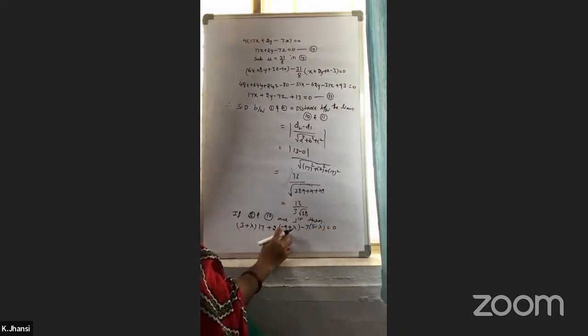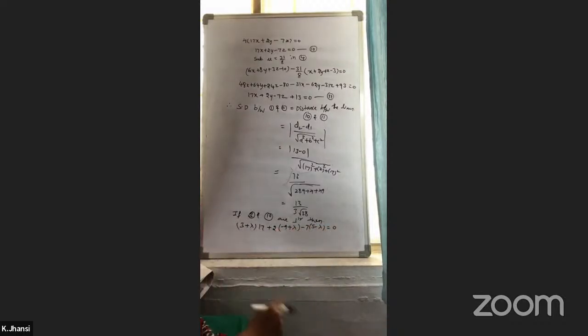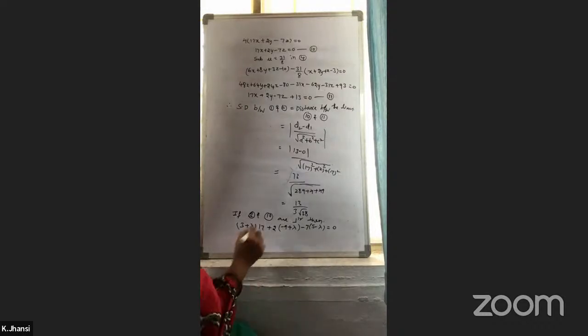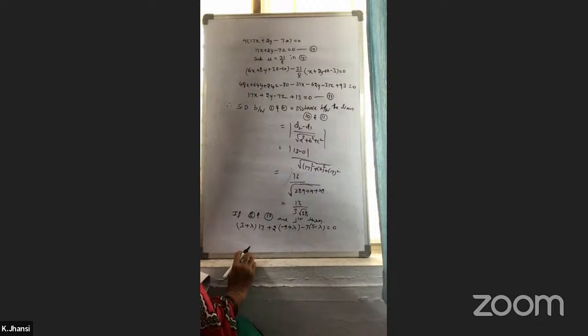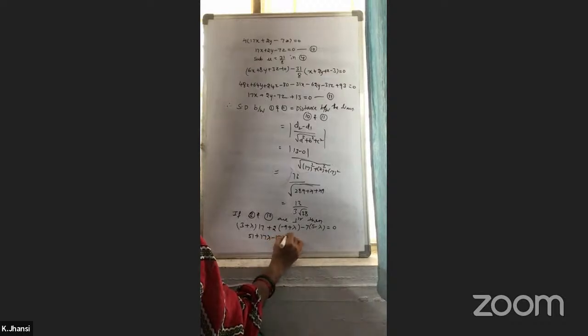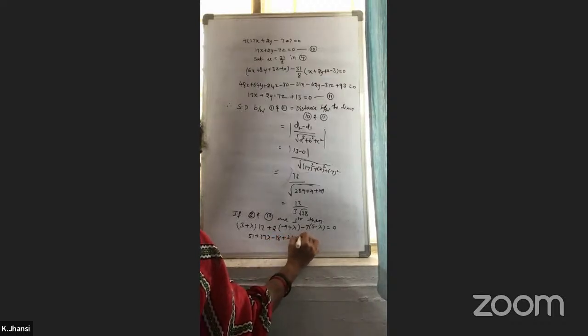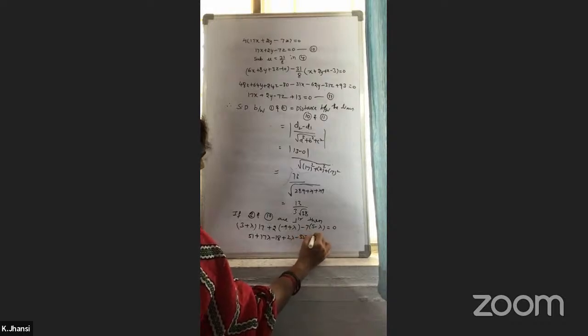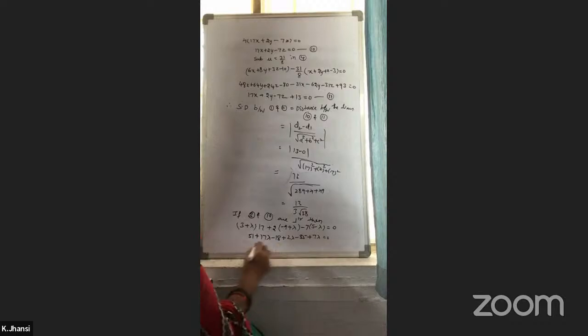L into L1, M into M1, N into N1 equals 0. So when you simplify this, 17 3s are 51 plus 17 lambda minus 18 plus 2 lambda minus 7 5s are 35, minus into minus plus 7 lambda equals 0.